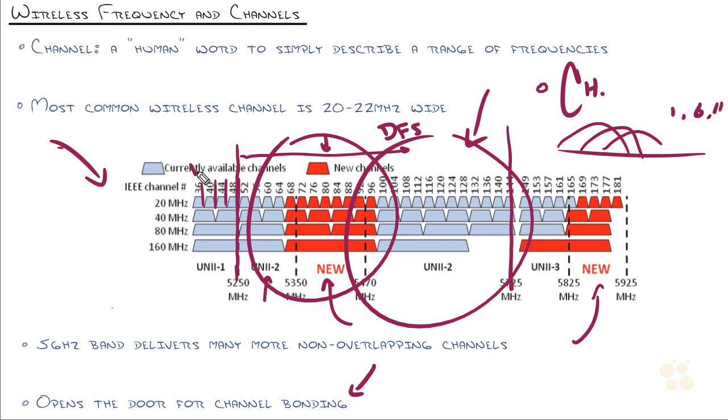Instead of just having a whole bunch of these tiny channels all over the place with 20 megahertz steps, you can actually bond them together: 40, 80, 160 megahertz. And this is how we achieve above gigabit speeds on Wi-Fi. Now, and I'm talking to you right now at the end of 2017, I've never seen a business roll out 160 megahertz channels because, number one, there's no need for it.